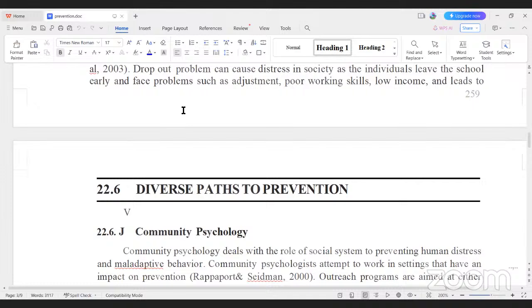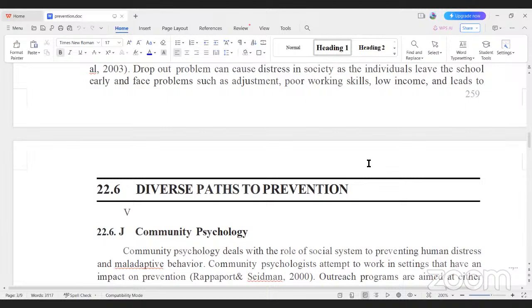Community psychology. So this is very important. As a psychologist, we can go to different communities, even a place away from our place also. Voluntarily, we can have some community meetings, educating them about all these problems, gathering people at a community center and creating awareness how these psychological problems develop, how these maladaptive behaviors develop.